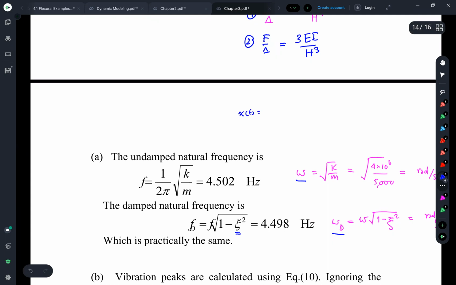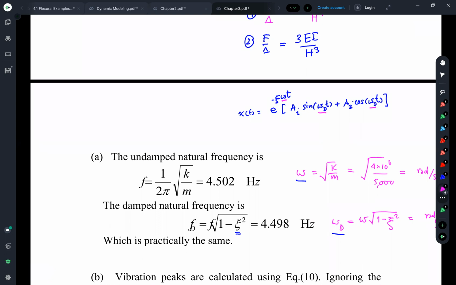Normally your x(t) for the vibration is e to the power minus psi omega t, and then multiplied with the constant a1, maybe I call it sine omega d t, plus another constant a2 cosine omega d t. See, there's an omega d there and omega. They're quite different.